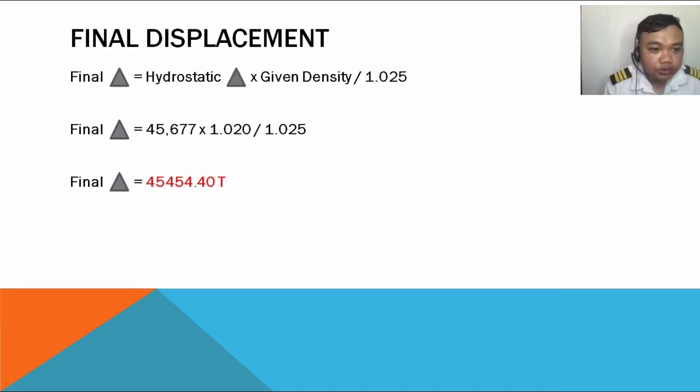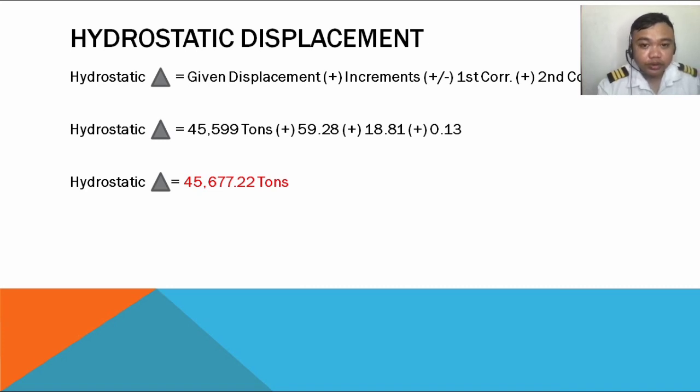Okay, for the final displacement, we need a correction for the density, since our density is not 1.025. If the density of the water at that location is 1.025, then there is no need to calculate, and the final displacement would directly be the hydrostatic displacement.